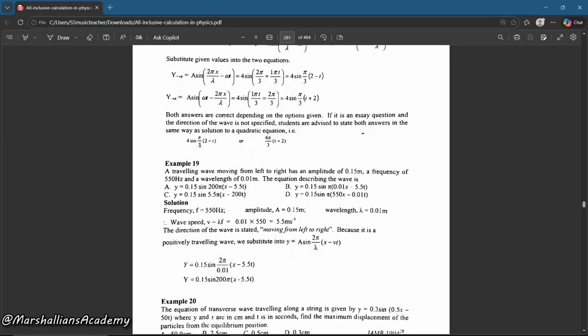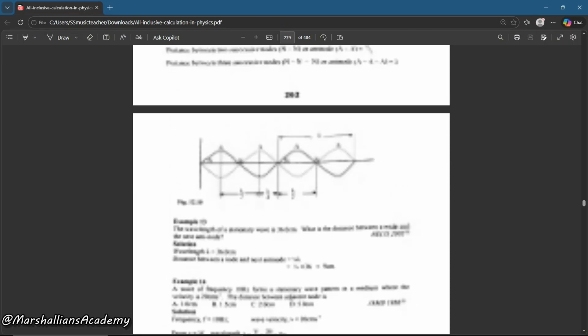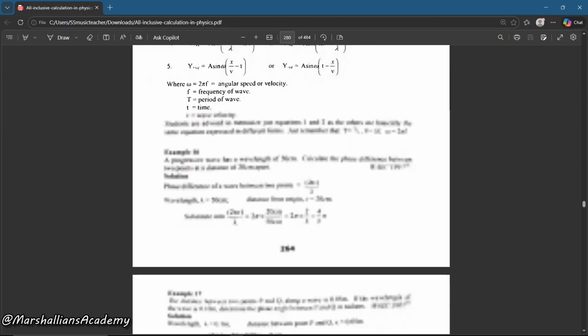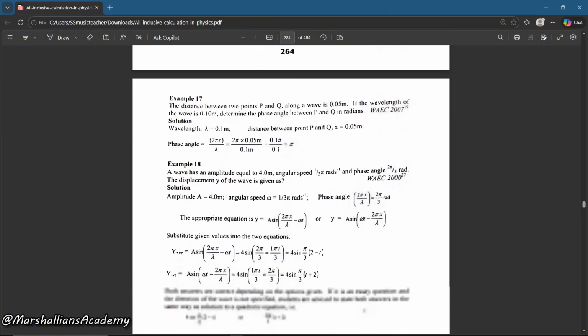And if you check, what was their solution? Yes, this is it. Look at it. The answer is pi. That was their final answer.